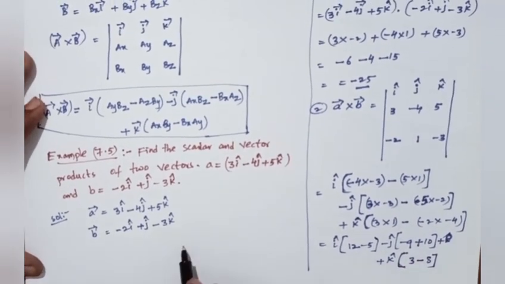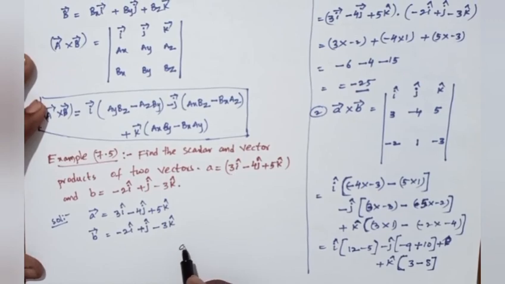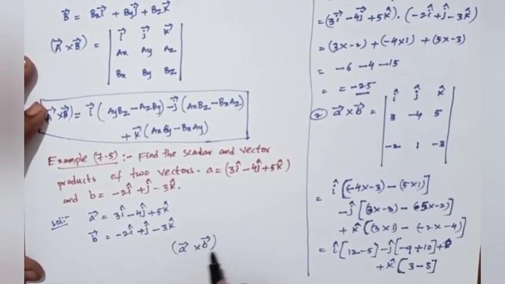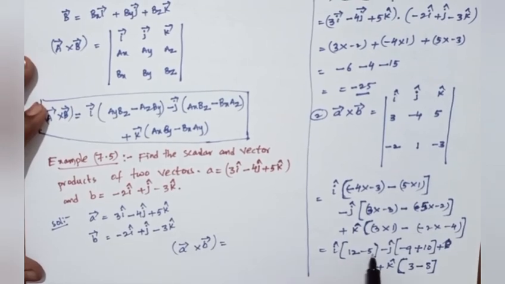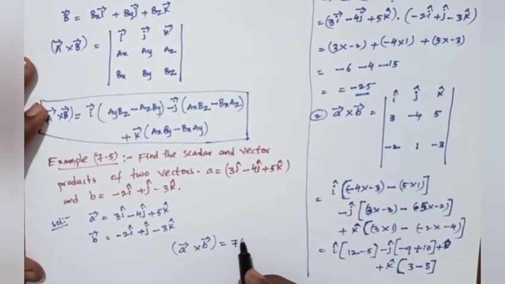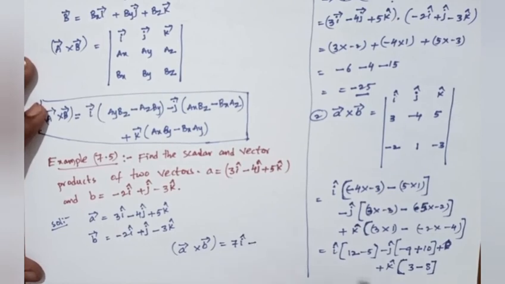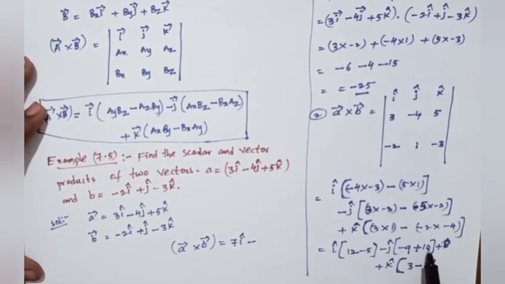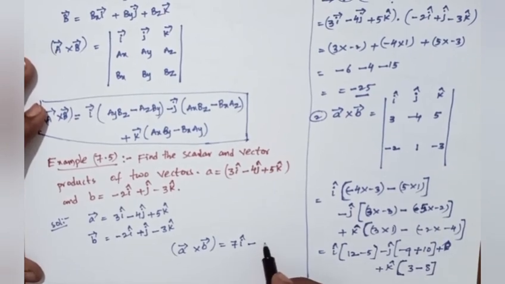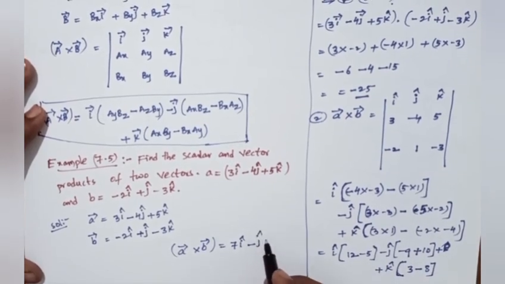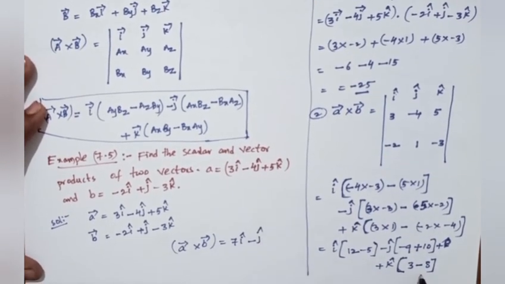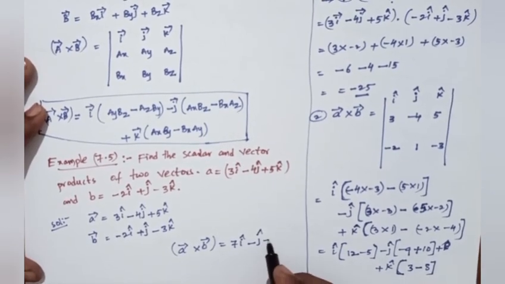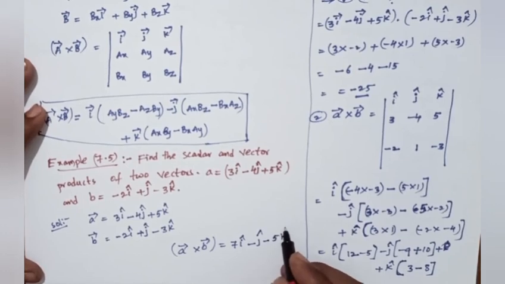So a bar cross b bar equals 7 i cap, minus j cap, minus 5 k cap.